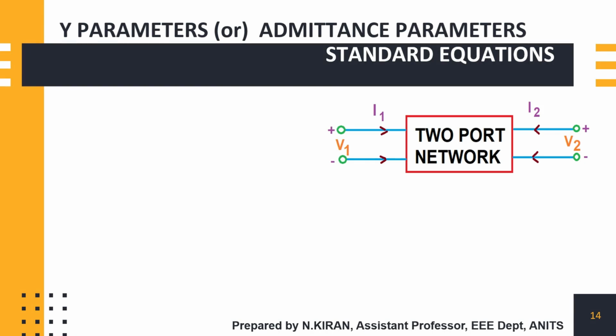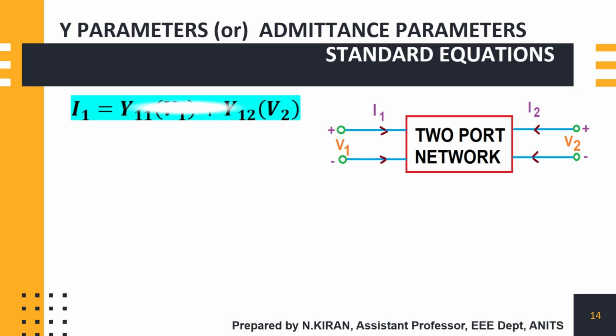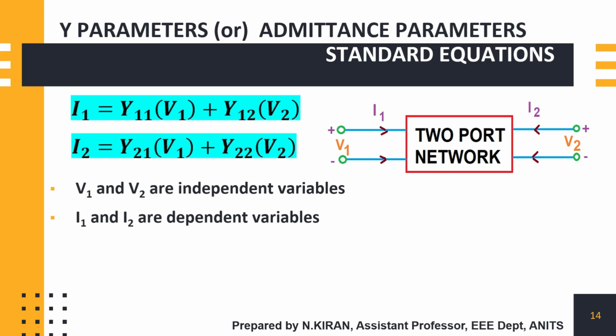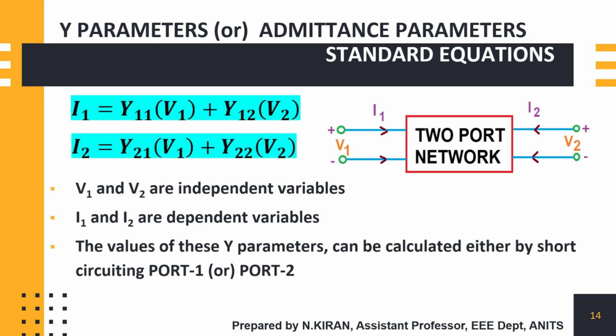The standard equations for Y parameters are I1 is equal to Y11 V1 plus Y12 V2. Similarly, I2 is equal to Y21 V1 plus Y22 V2, where V1, V2 are independent variables and I1, I2 are dependent variables. So here, as you can see, these four parameters can be found out either by making V1 as 0 or V2 as 0.